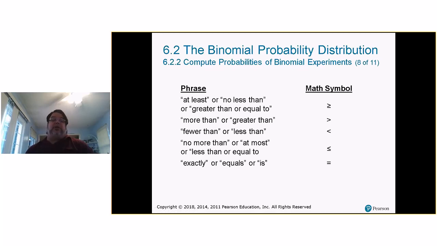At least, or no less than, or greater than or equal to, more than or greater than, fewer than or less than, no more than, or at most, or at least, or less than or equal to, exactly or equals. Those are the slogans or the words. I think we went over those at the beginning of the section, 6.1. Okay?